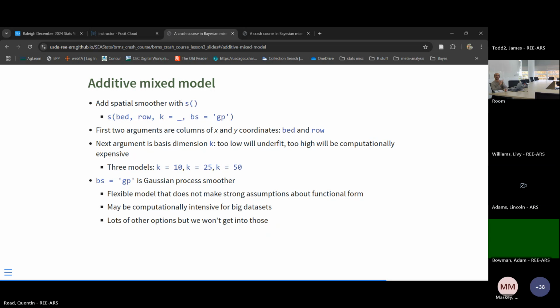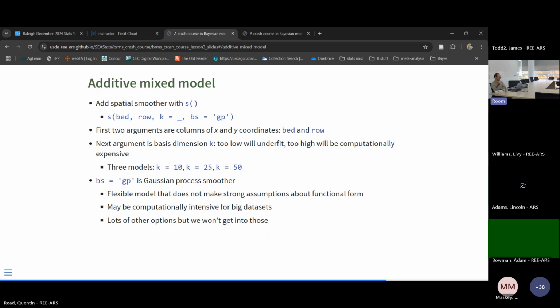The only reason not to use it is because it is computationally very intensive for big data sets. But our data set here only has 500 or 600 data points, so that won't be an issue. So for any small data set, a Gaussian process spatial smoother is a great choice.